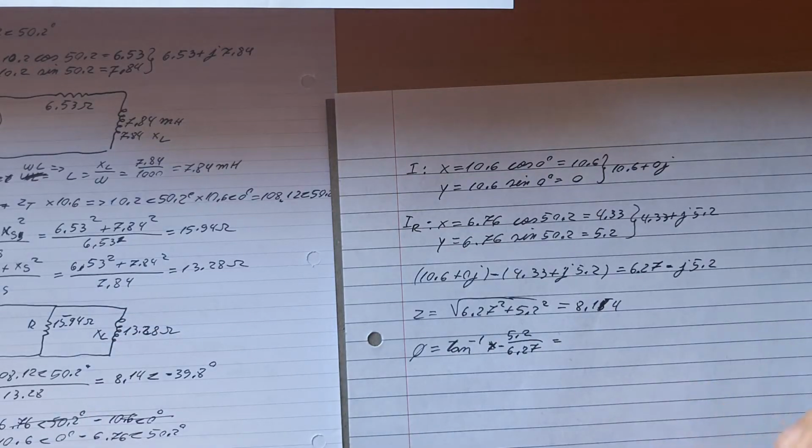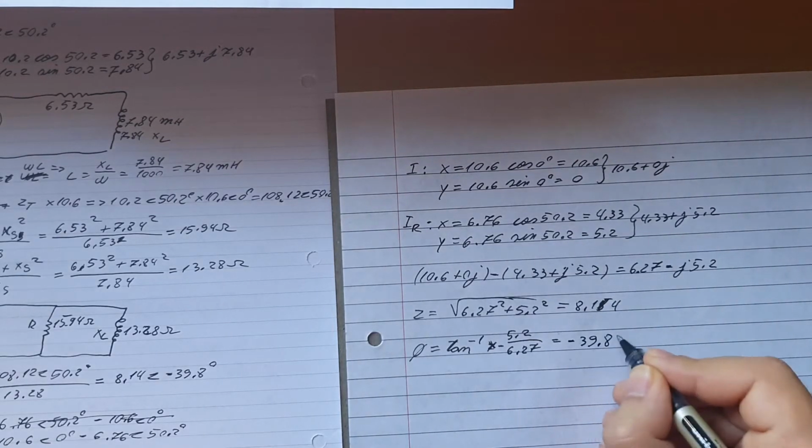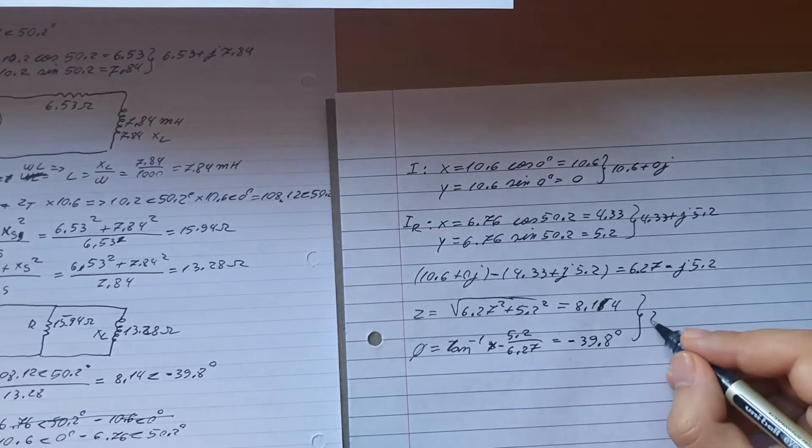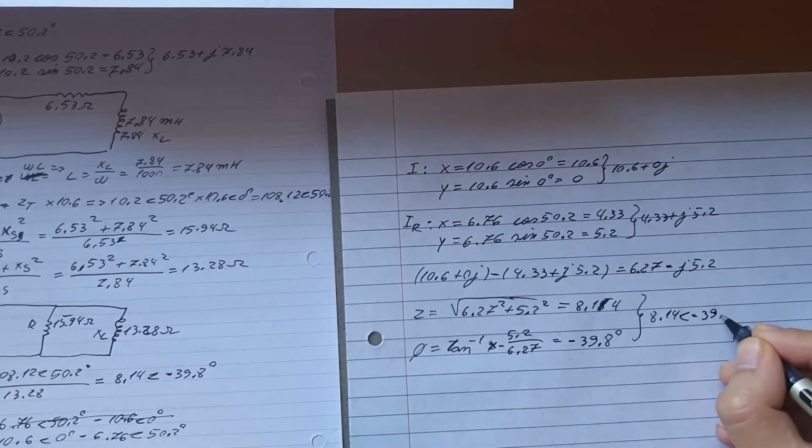That will be equal with minus 30, yeah, there you go. That will be equal with minus 39.8 degrees. And to get that to give us 8.14, then angle of minus 39.8 degrees.